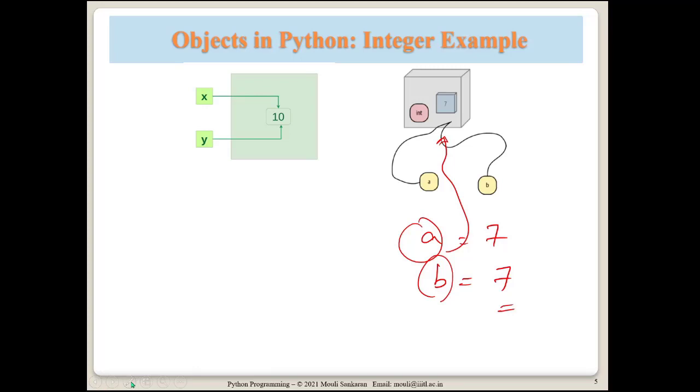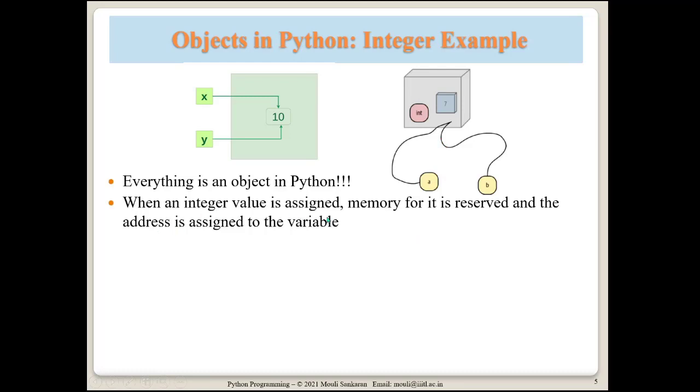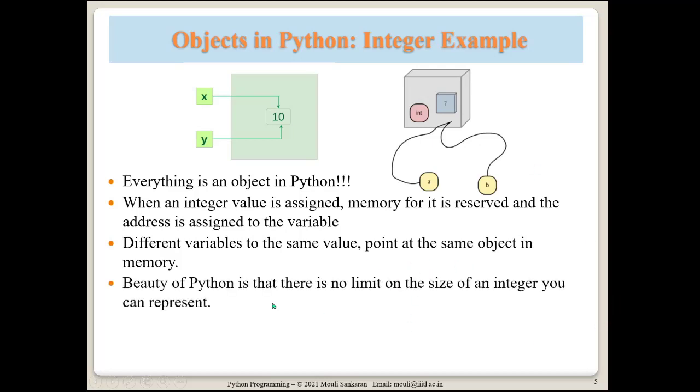So that's another thing which optimizes itself. Everything is an object in Python. When an integer value is assigned, memory for it is reserved. That means an object is created and the address is assigned to the variable. Different variables with the same value point at the same object in the memory. I hope this is clear.